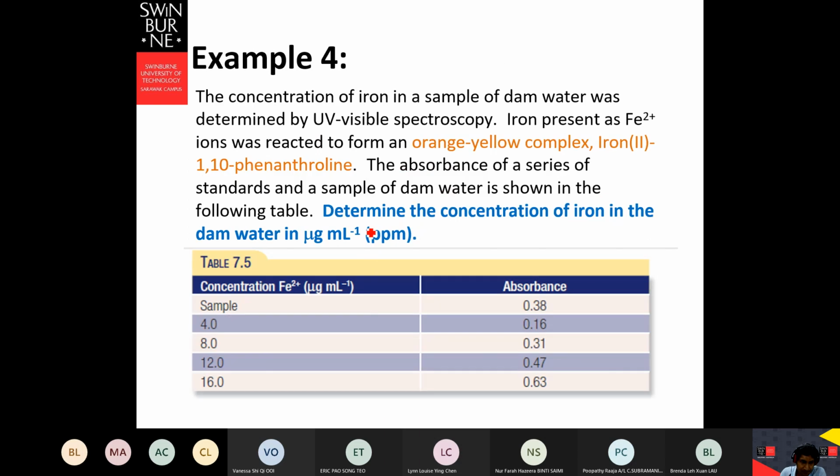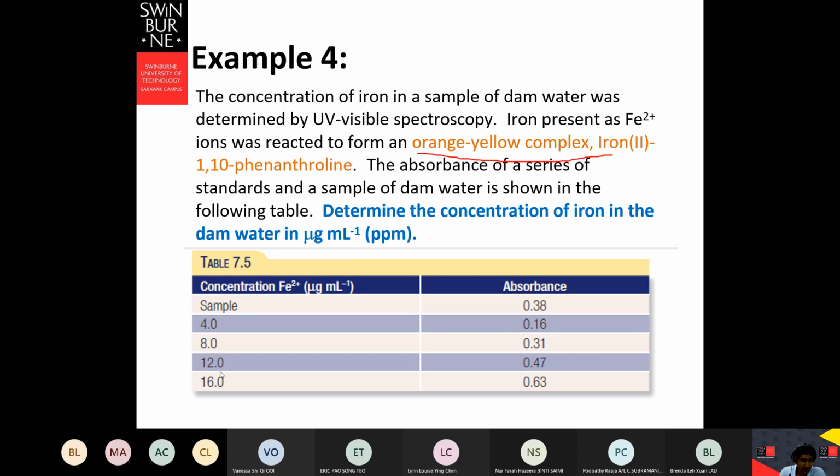Another question says that the concentration of iron in a sample of dam water was determined by UV-Vis spectroscopy. Iron present as iron 2 was in the sample and was reacted to form an orange-yellow complex.